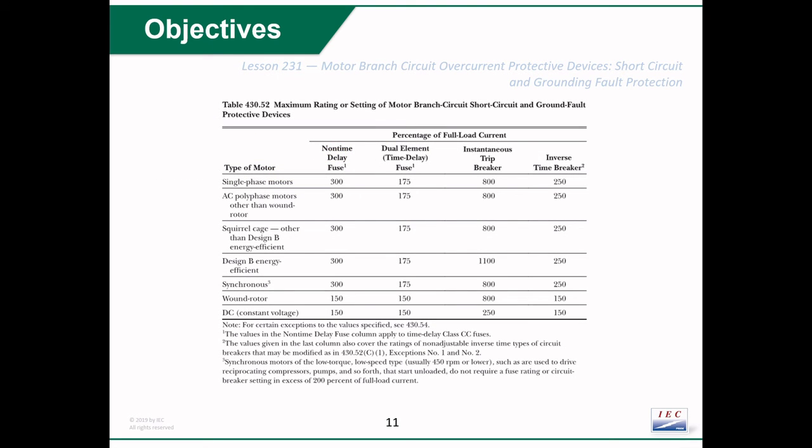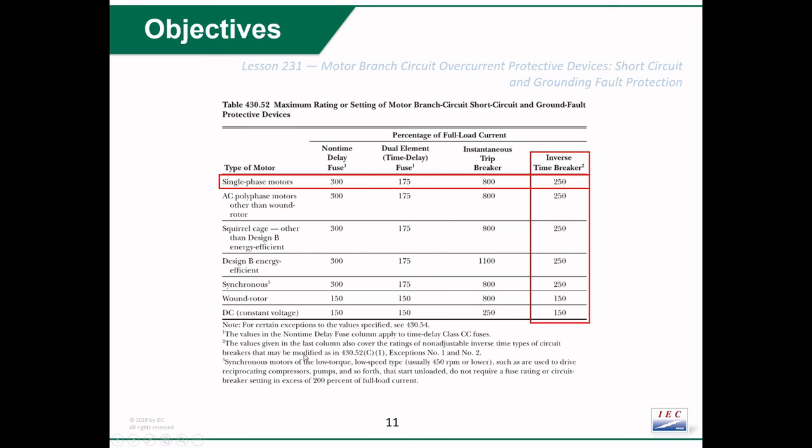So next we need to check 430.52. That's basically going to give us a multiplier or a percentage of how much bigger our breaker needs to be than the full load current. Once again, we know we have an inverse time breaker, so we're going to come to this column. We have a single phase motor.